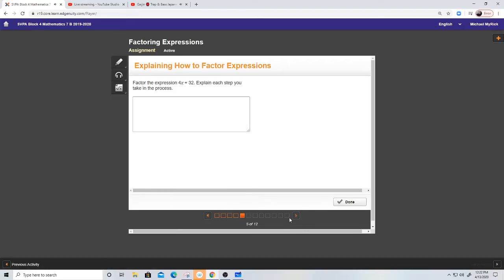Can you explain how to factor the algebraic expression given? Well, I would find the GCF of both terms and divide it out. Use parentheses to group.